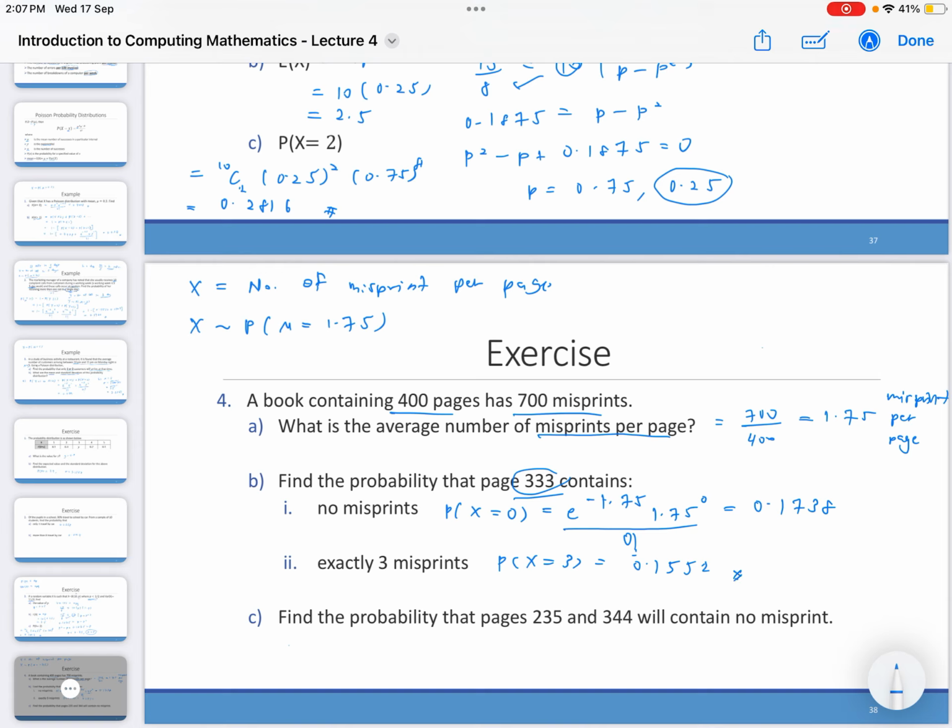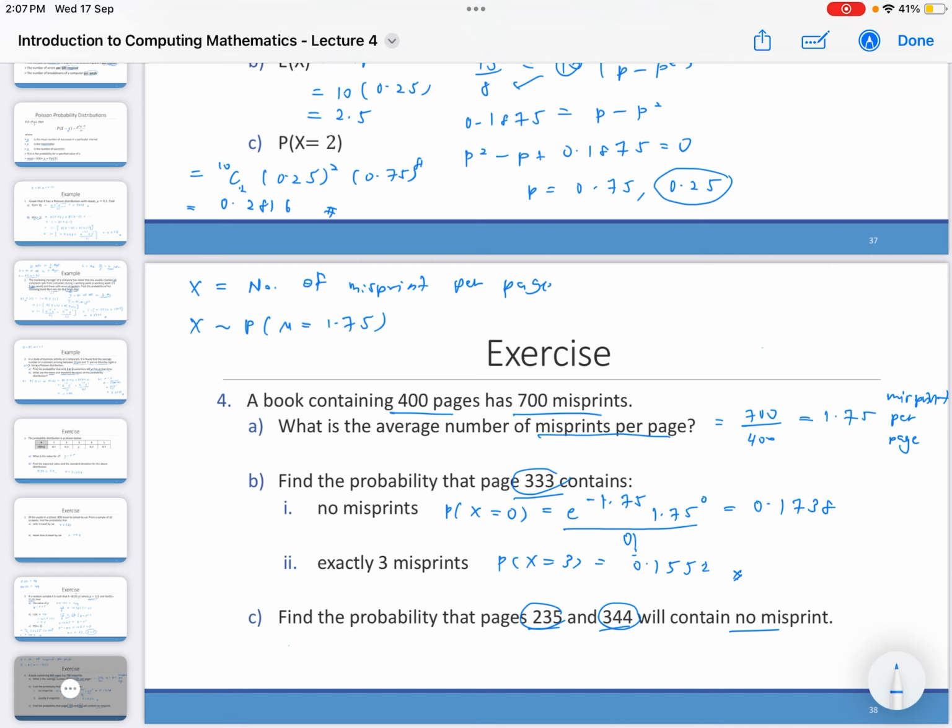Okay, C. Find the probability that pages 235 and 344 will contain no misprint. So we want to look at 2 pages now. Instead of calculating the probability in one page only, we want to calculate the probability in 2 pages.